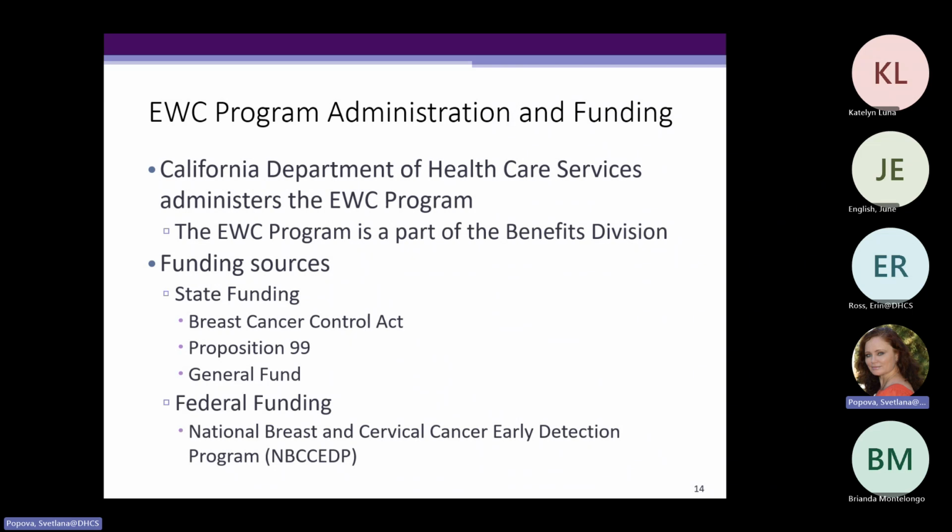But we also have the general fund, which was added to our program, I believe, in 2010 or 2011. The reason the general fund was added is that in 2009 we served so many women that we ran out of funding, and we had to close our doors to any new beneficiaries and to beneficiaries younger than age 50.